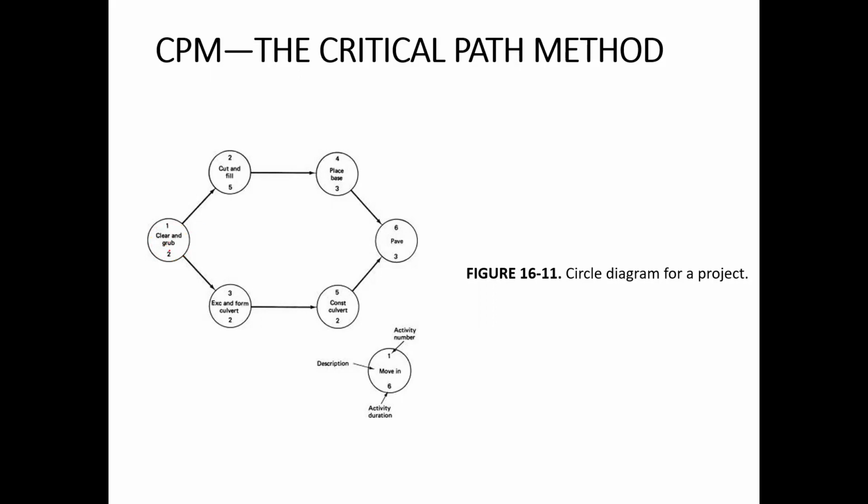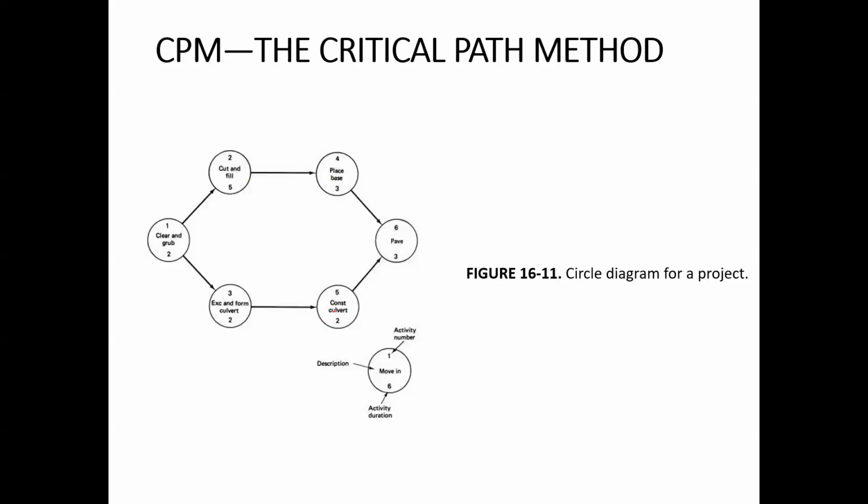Once the clear and grub activity is completed, we can start 2 more activities, the cut and fill activity and the excavate and form culvert activity, which will take 5 and 2 weeks respectively. After cut and fill is completed, we can start the place base activity. In parallel, you can start the construct culvert activity after completing the excavate and form culvert activity.